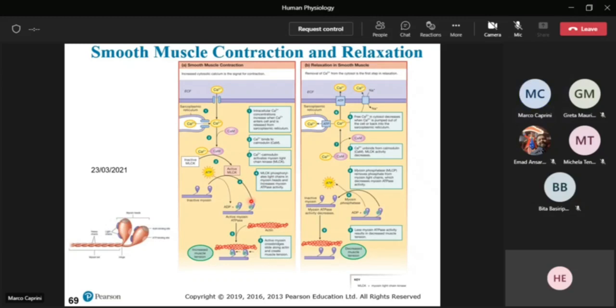The myosin light chain kinase phosphorylates the myosin light chain here, and this phosphorylation enhances the myosin ATPase activity.